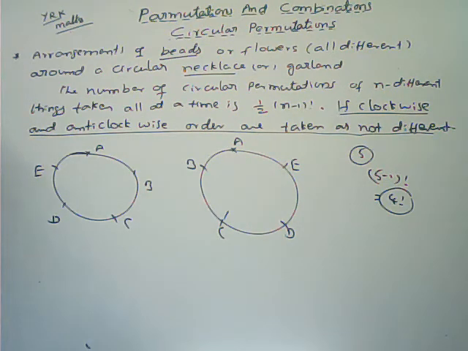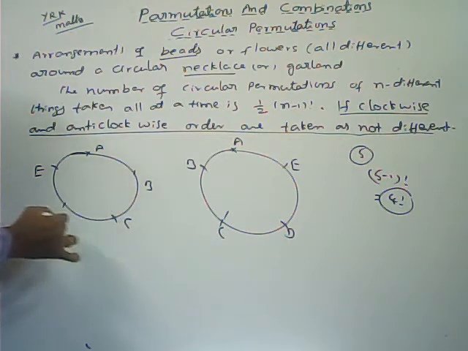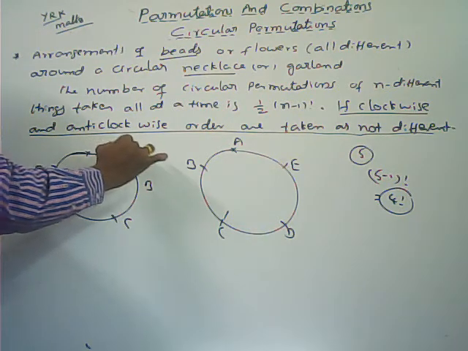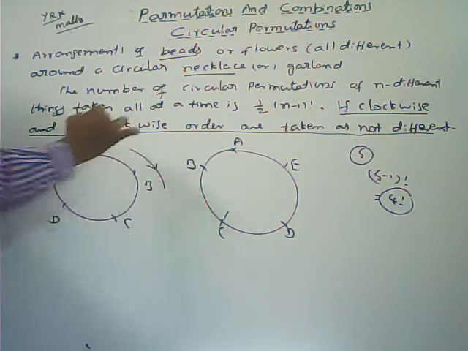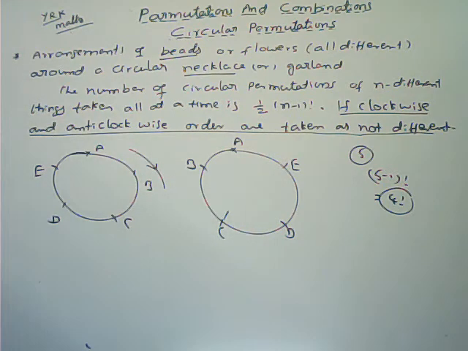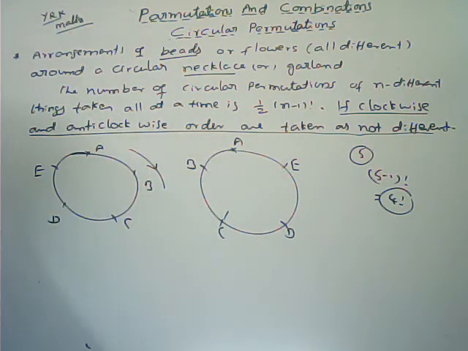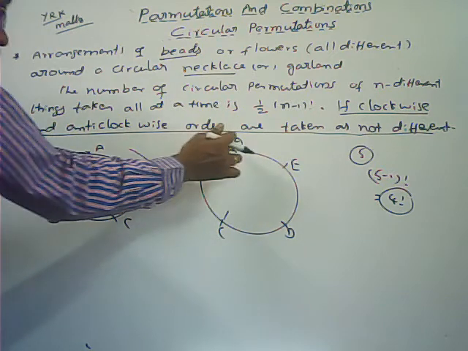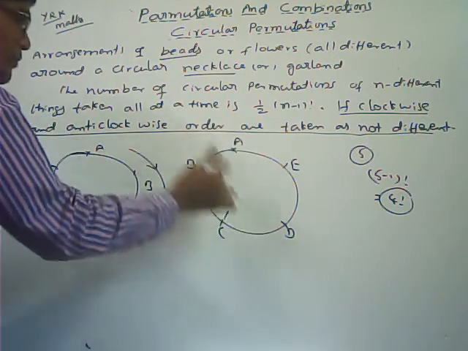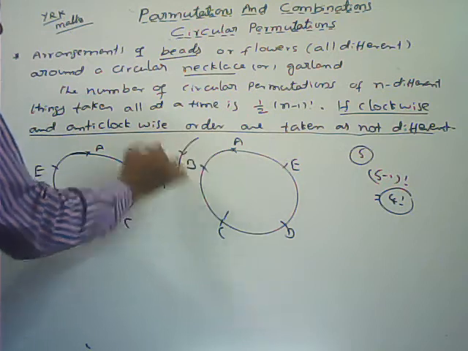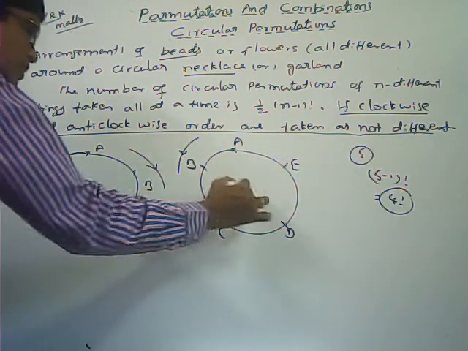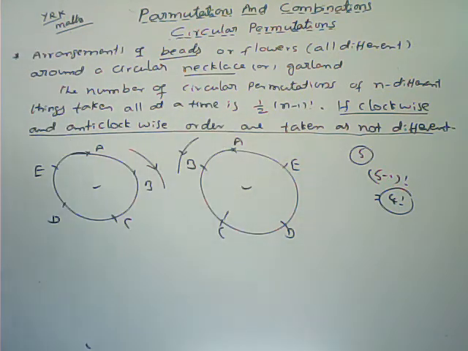What is the meaning of that? Observe this properly. Now here A, B, C, D, E is one circular permutation. Here I am taking the clockwise direction, A, B, C, D, E, and this is one circular arrangement. Now here we can see the anti-clockwise direction, A, E, D, C, B, and both are different circular permutations.